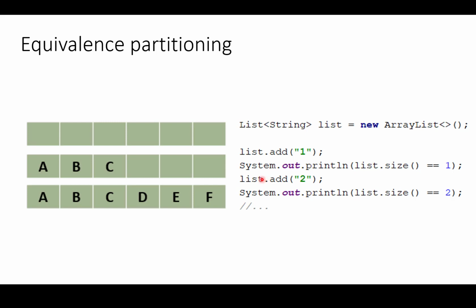So the point here is that the behavior of the method is identical in most cases. If you can add 3 elements to the list, you would expect that the 4th element to be added would be accepted as well, and the 5th element would probably also be okay, and the 6th. And then we have the border, so maybe I need to do the boundary testing between 6 and 7 in my case here.